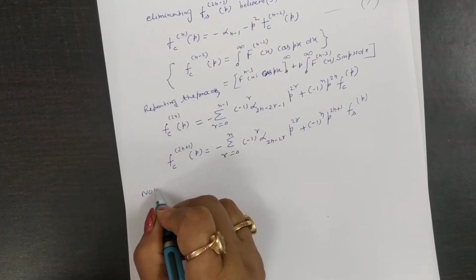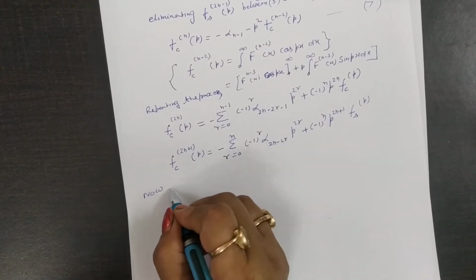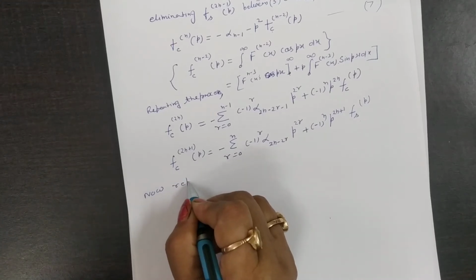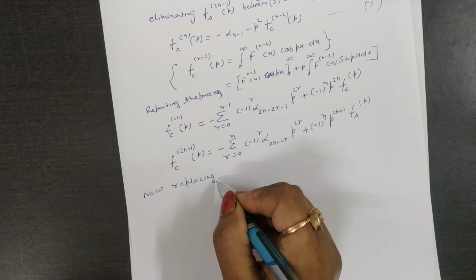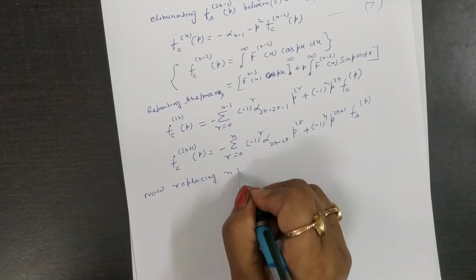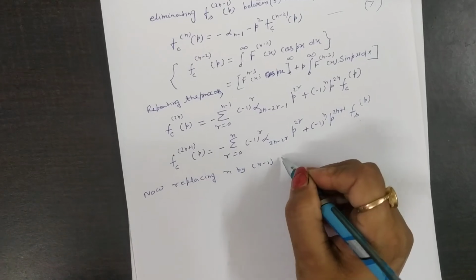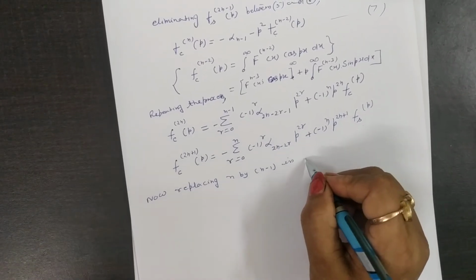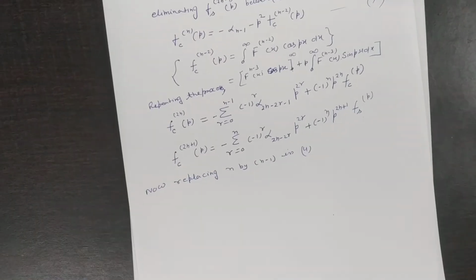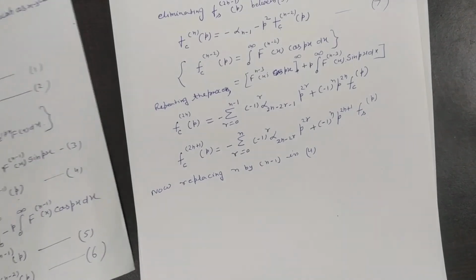Now replacing n by n minus 1 in equation number 4, here up to 6 in equation number 1.